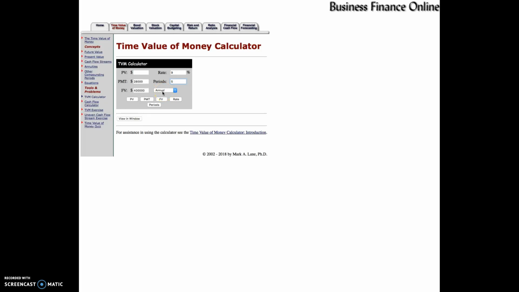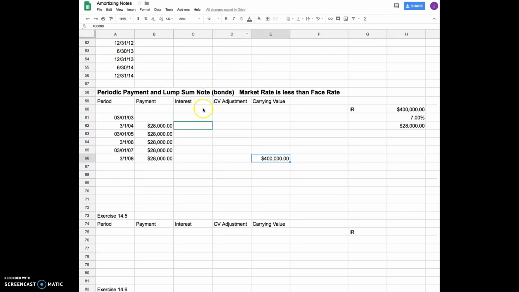So I'm going to solve for present value, which gives me 368,882.70. I'll type that in as my carrying value. Sorry, wrong cell. We move that up to here. So on 3/1, the proceeds of this bond issue are going to be 368,882.70.